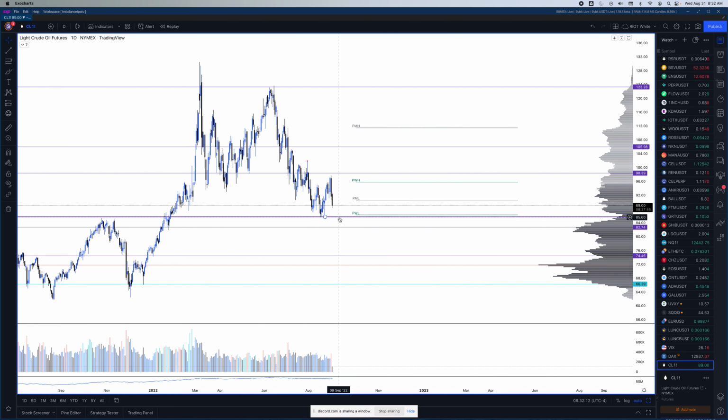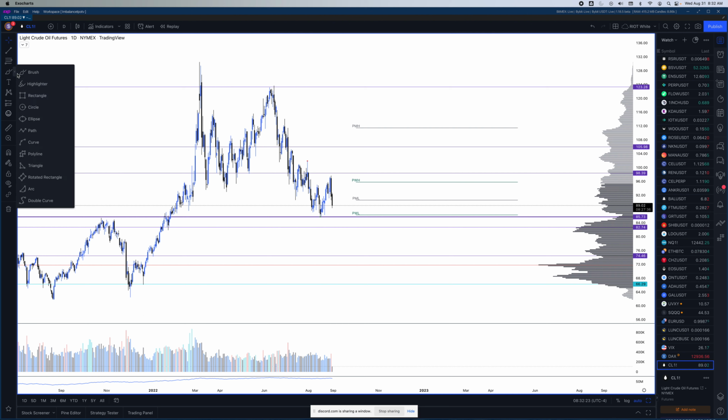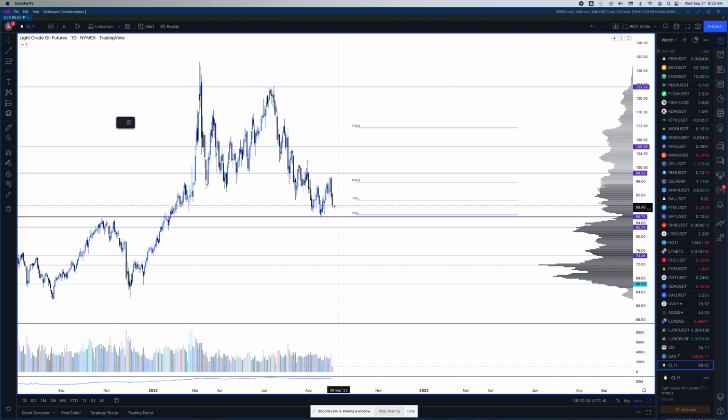One is you bounce above this or before losing it, and the other is you do something along these lines where you break below it, consolidate here for a bit, and then ideally move up, come down, and then up.